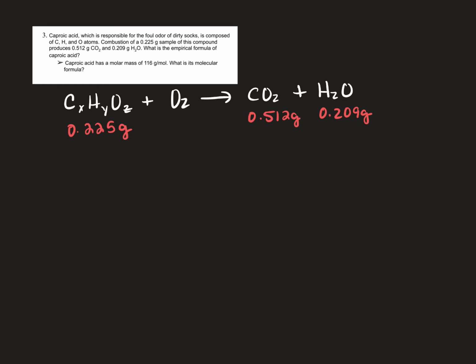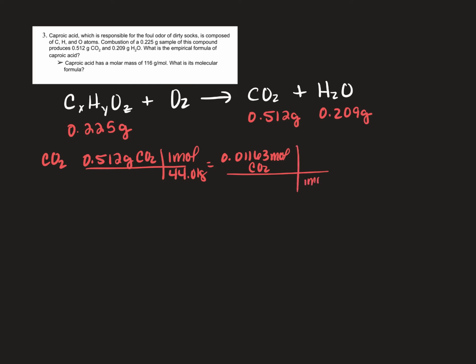Okay, so we're going to follow the same as what we did before. So we're going to start with the CO2. I have 0.512 grams of CO2. I know in 1 mole there's 44.01 grams. So that's going to be 0.512 divided by 44.01 gives me 0.01163 moles of CO2.